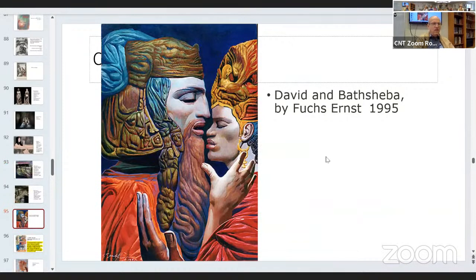1995, Ernst Fuchs, David and Bathsheba, a very powerful picture of lust. Bathsheba is black, and David is much stronger and powerful, and there's no space for her. But still, she's a queen, and everything that David wants and lusts for is in that picture.